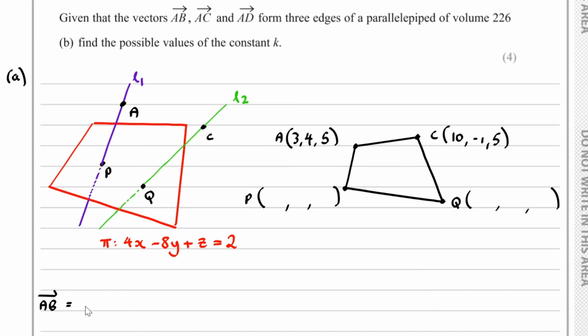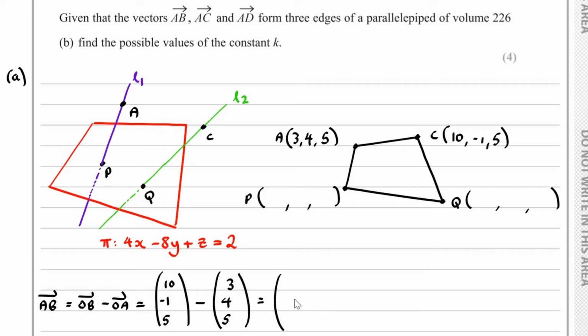AB is equal to OB minus OA. So we have (10, -1, 5) minus (3, 4, 5), and this is equal to (7, -5, 0).